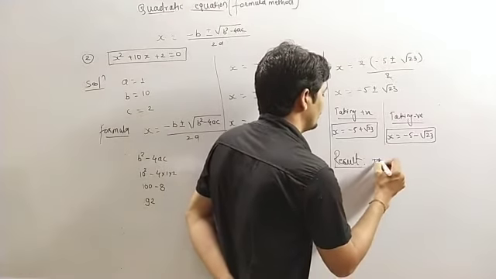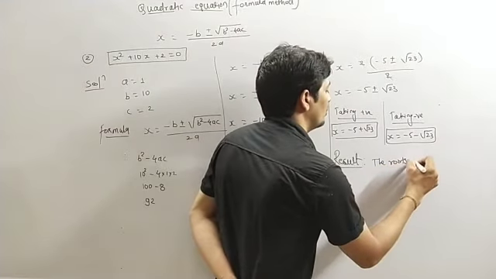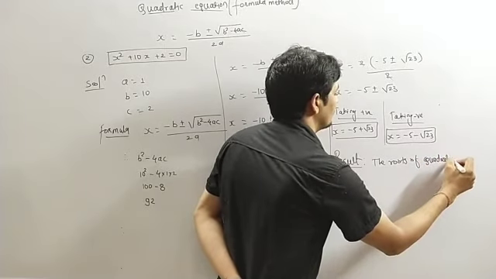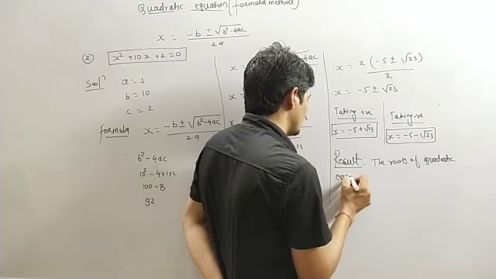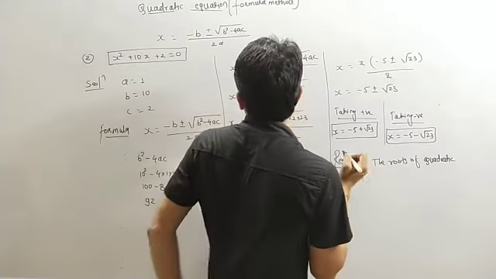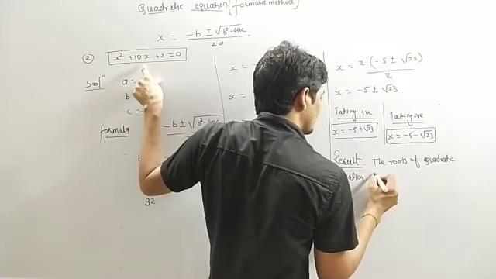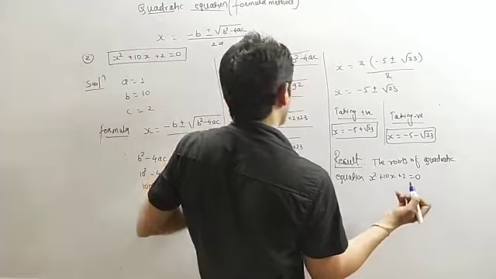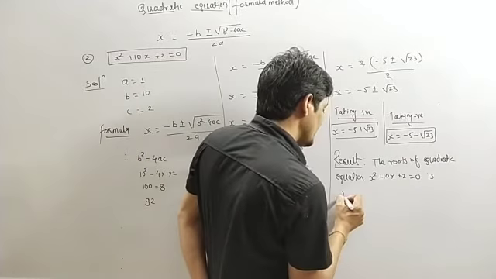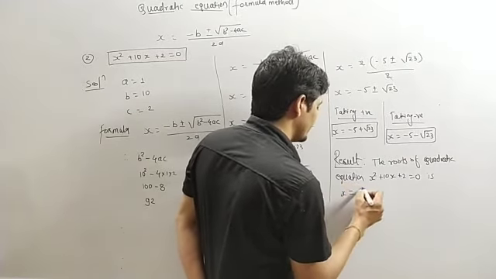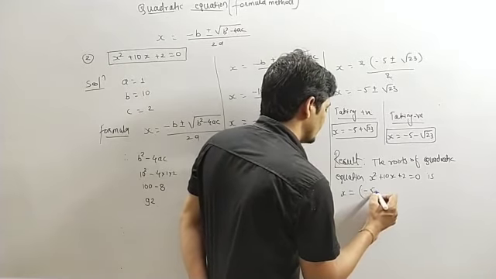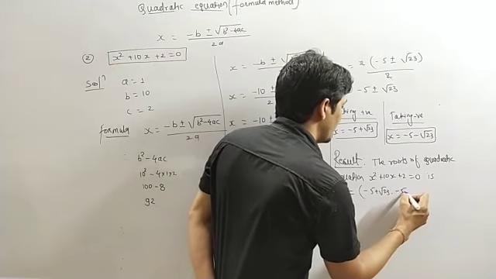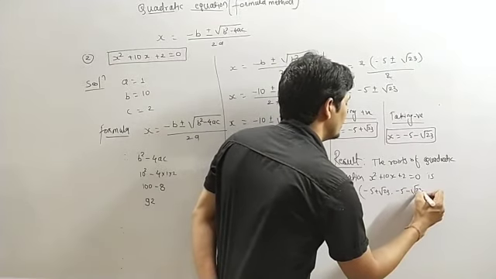The roots of the quadratic equation x square plus 10x plus 2 equals to 0 are x equals to -5 plus √23 and -5 minus √23.